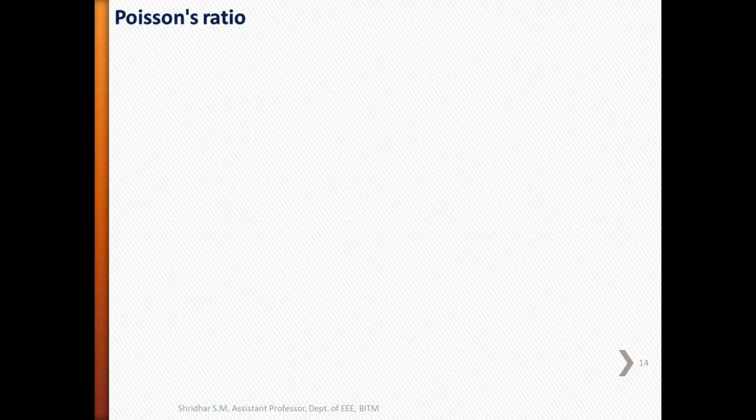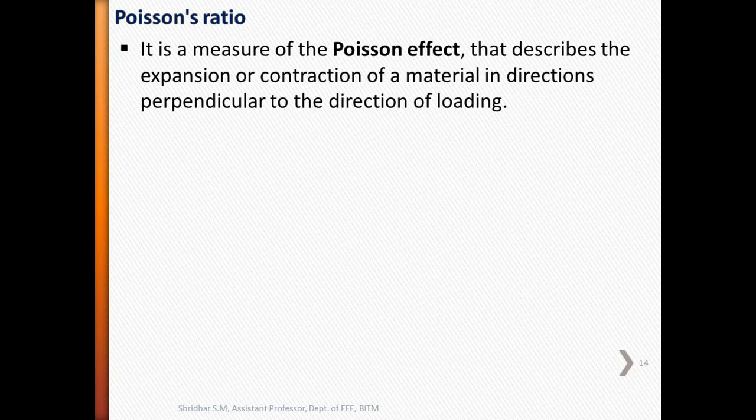Next, we'll discuss Poisson's ratio. Poisson's ratio is a measure of Poisson's effect that describes the expansion or contraction of a material in directions perpendicular to the direction of loading.